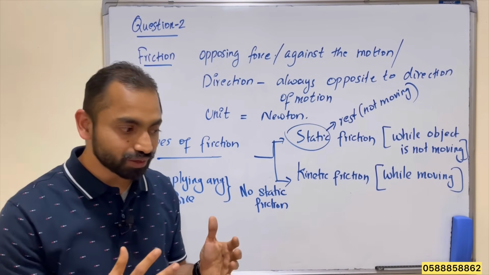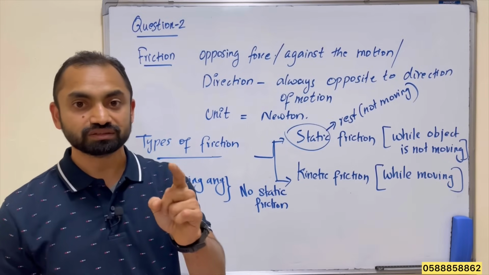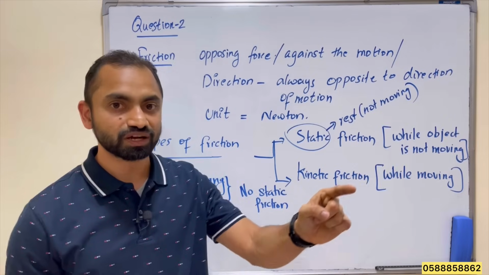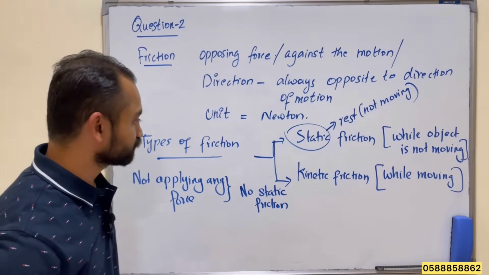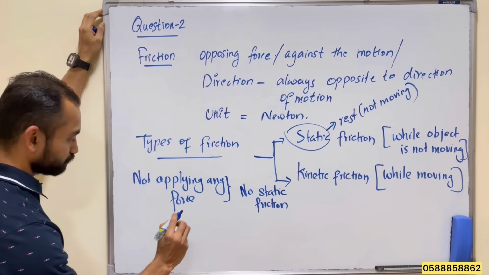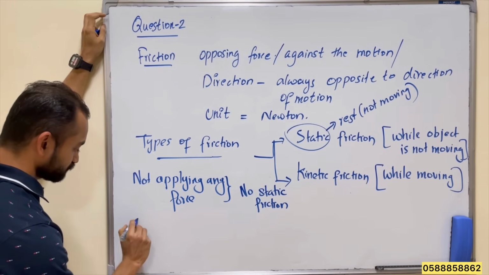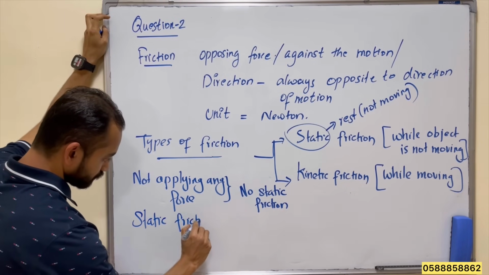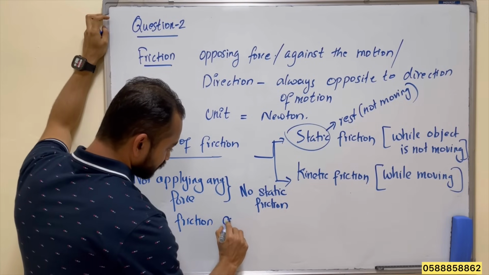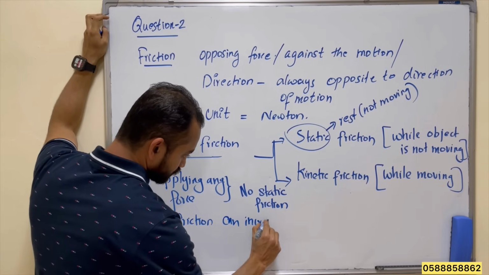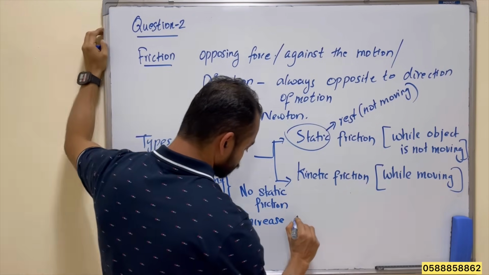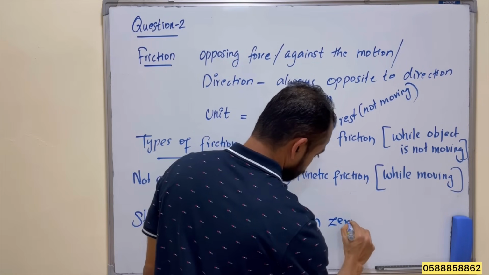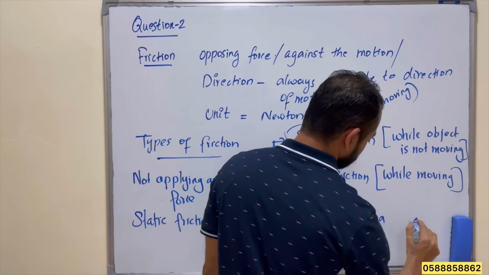So how will the couch move? The couch moves because the static friction can increase only up to a limit. Static friction can increase from 0 to a maximum value.